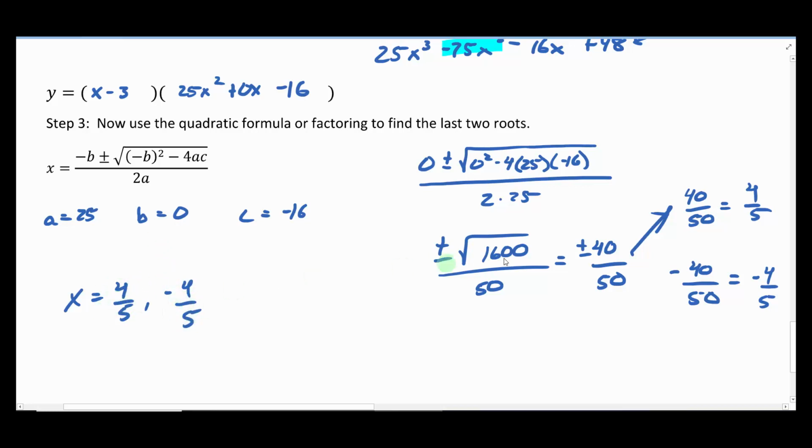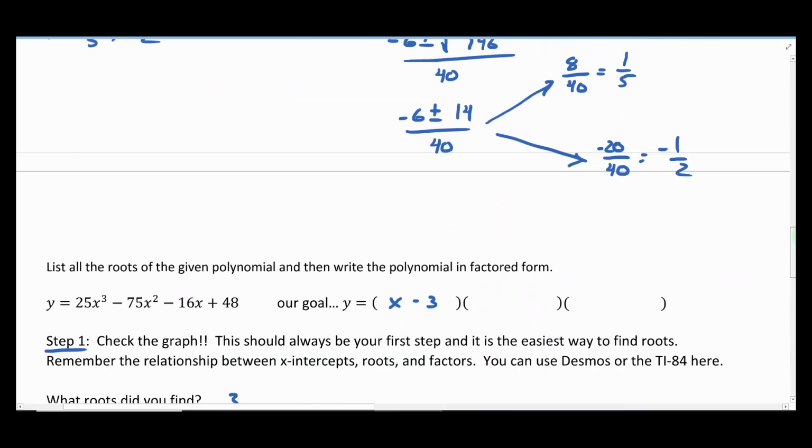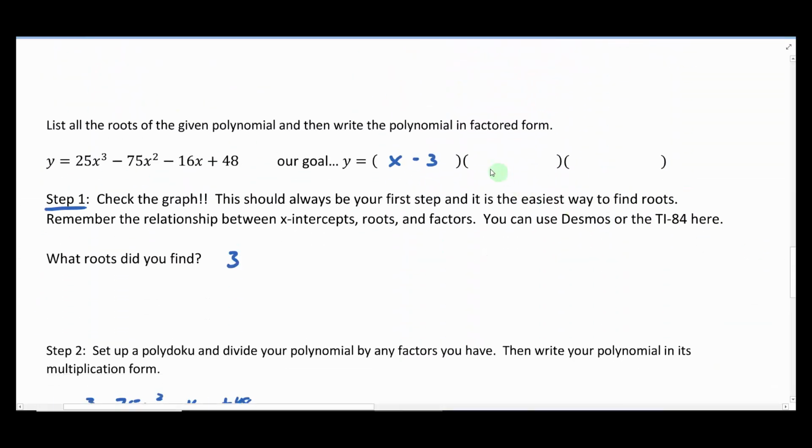Now, if I have a root of positive 4/5, that means I have to have a factor of x minus 4/5. And if I have a root of negative 4/5, then we have to have a factor of x plus 4/5. So there's my factored form and our listing of roots right here. So there's our three roots for our third degree polynomial.